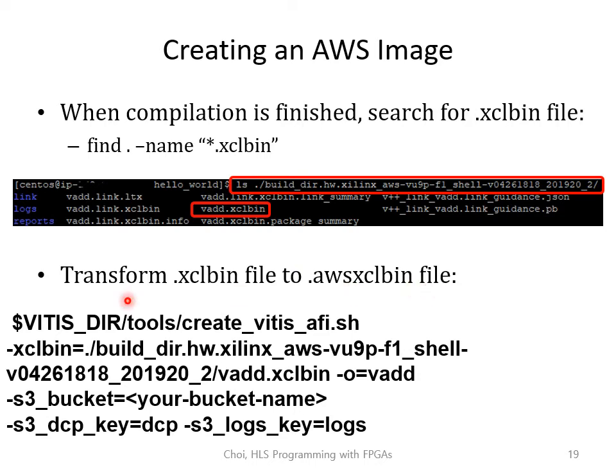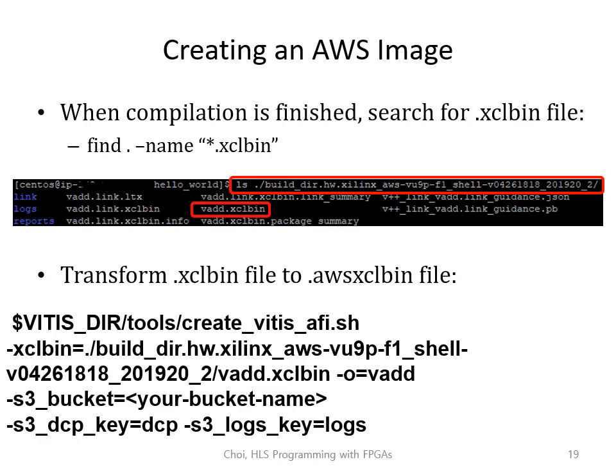You can type $VITIS_DIR/tools/create_vitis_afi.sh, -xclbin equals the path of the xclbin file we just found, and -o equals vadd, and the S3 bucket equals your bucket name, and the S3 DCP key equals DCP, and the S3 logs key equals logs. These two folders are the ones we created in our bucket. And if you type this command, AWS will start creating your AFI file.